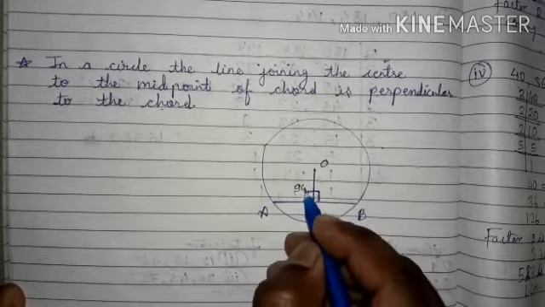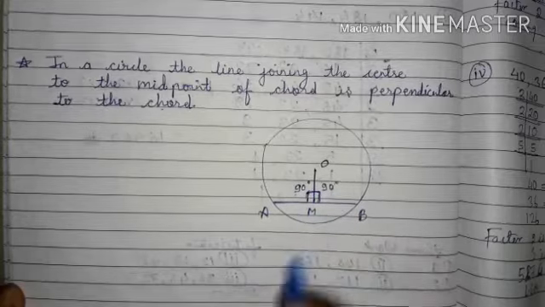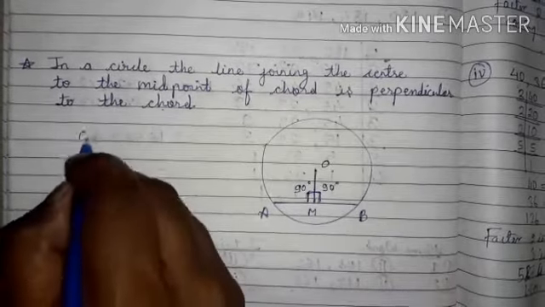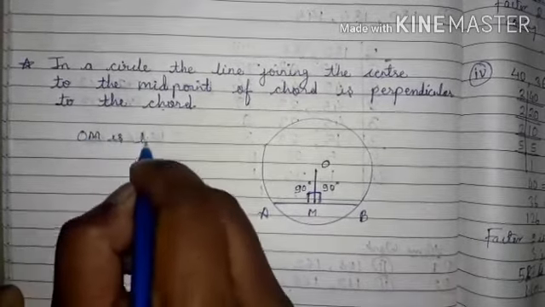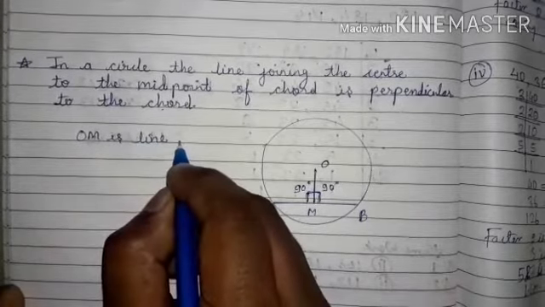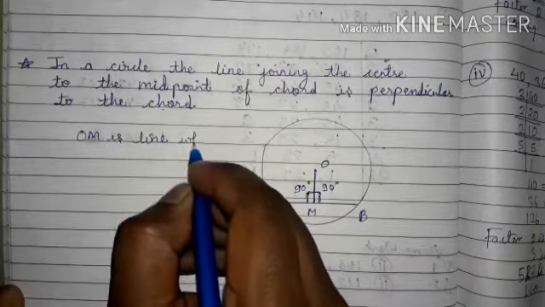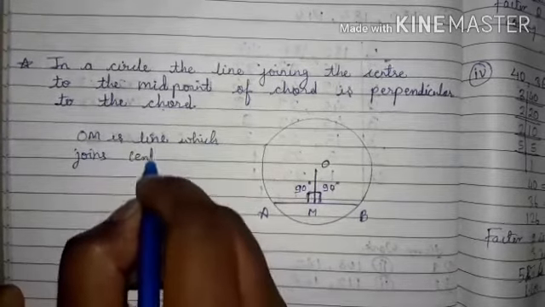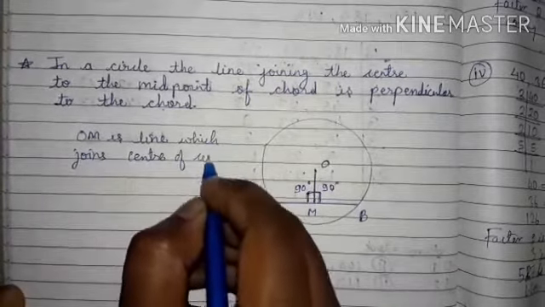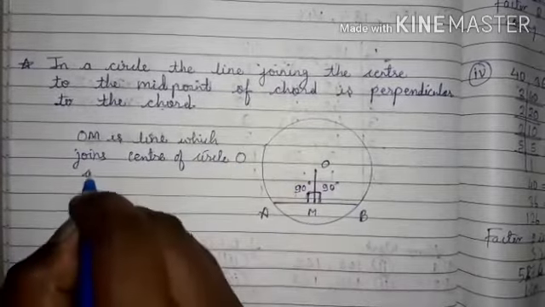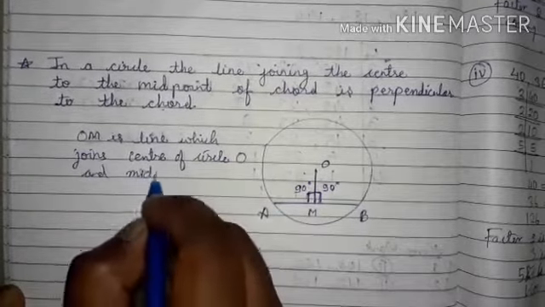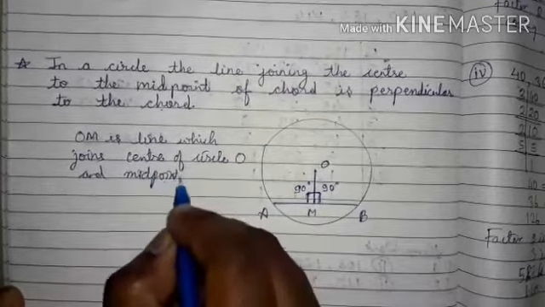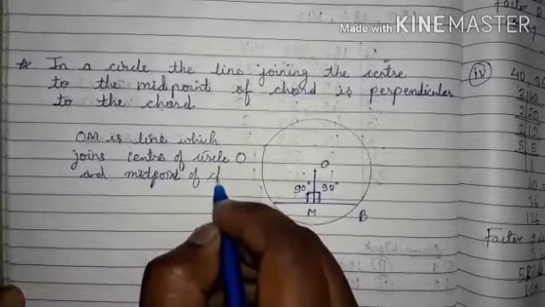Means here is also 90 degrees and here is also 90 degrees. Here OM is a line which joins the center of circle O and the midpoint of the chord.